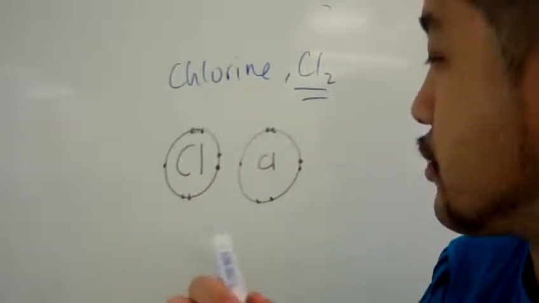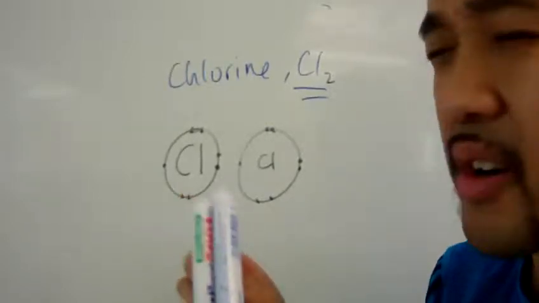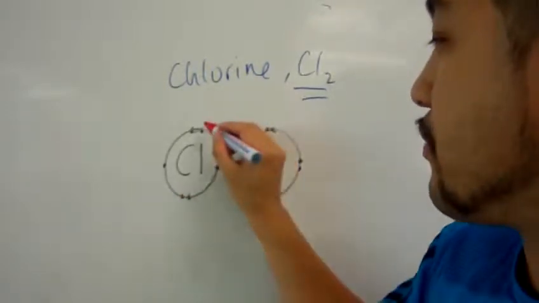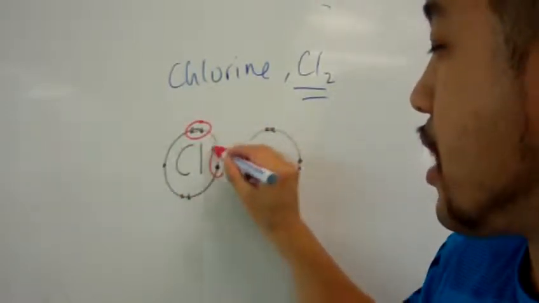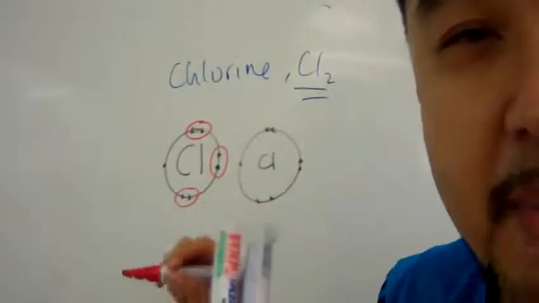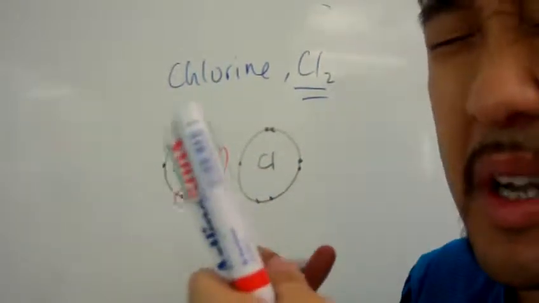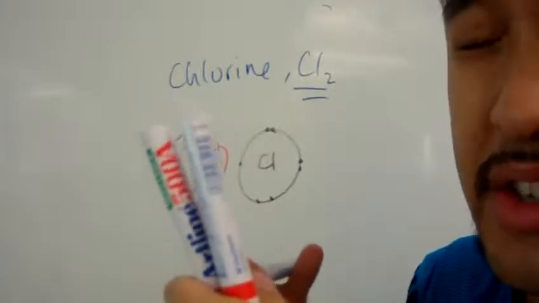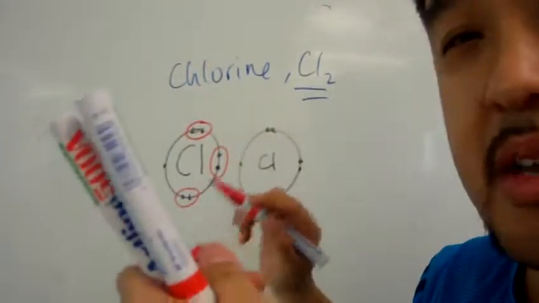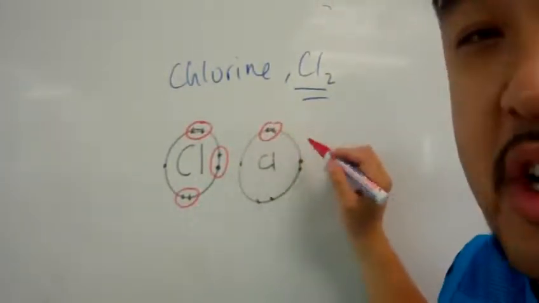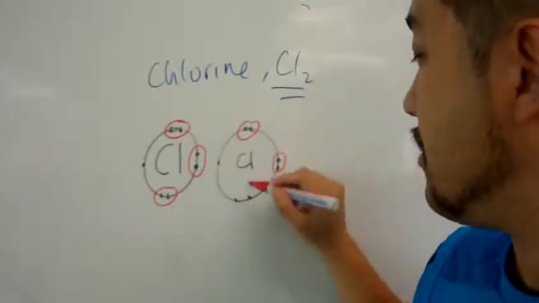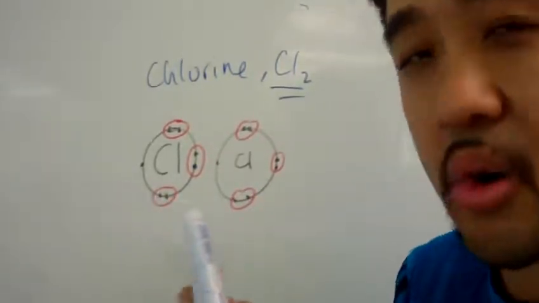So how do we represent the sharing of electrons? Well, these electrons are in pairs, so they're happy, because we know that covalent bonds are represented as pairs, 2 electrons. So these electrons here are not really going to undergo sharing.